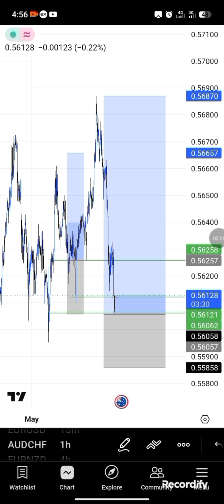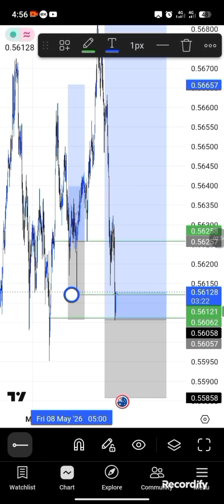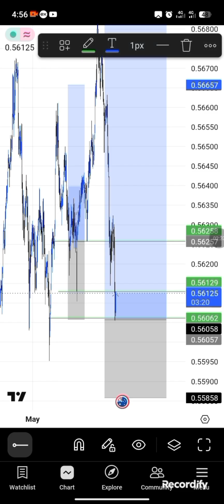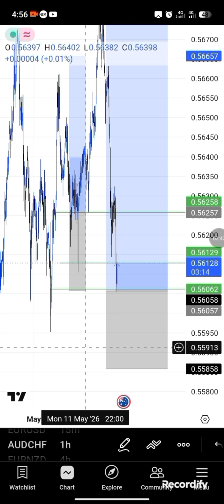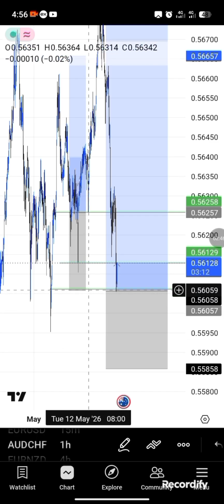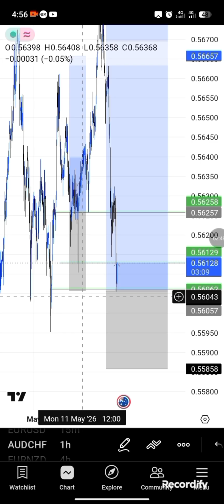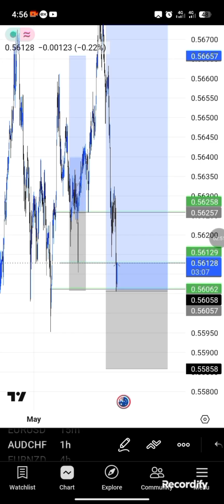So I analyzed the other pair, the other broker, and I saw that here you are supposed to enter on that broker. But I now came to this Oanda, and I found out that I am supposed to execute here based on my entry model. So immediately I found out I'd already placed the trade based on the other pair's analysis. But never mind, I'm still risking my normal risk, my risk appetite.